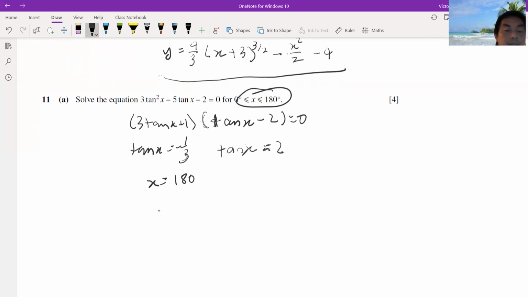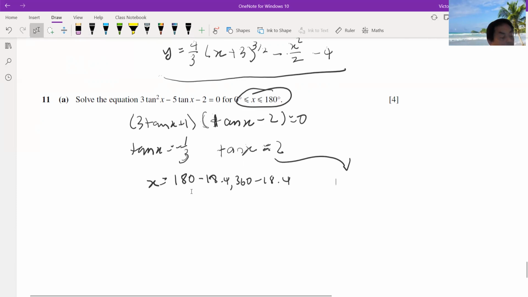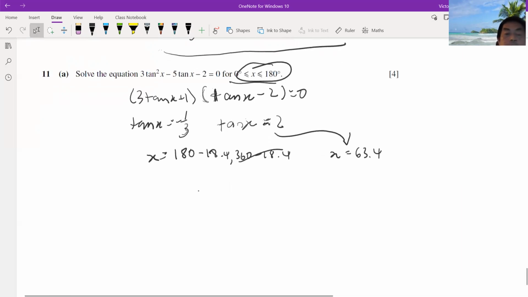So it's 180 minus the reference angle 18.4, and 360 minus 18.4. Okay, so over here, tan inverse of 2 is 63.4. X is 63.4. I forgot, it's only between 0 and 180, so you can disregard this answer.